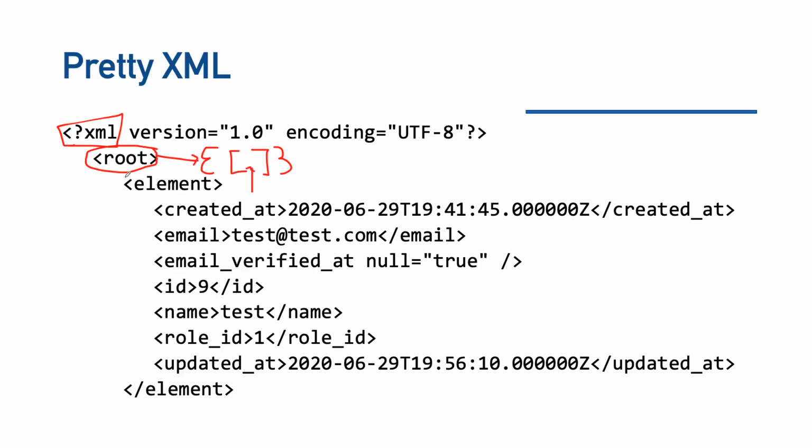And then each one of these is an element, and inside we have the same deal here. So we have the ID, the name, the role ID, and the email up here. So same data, just in a slightly different format.